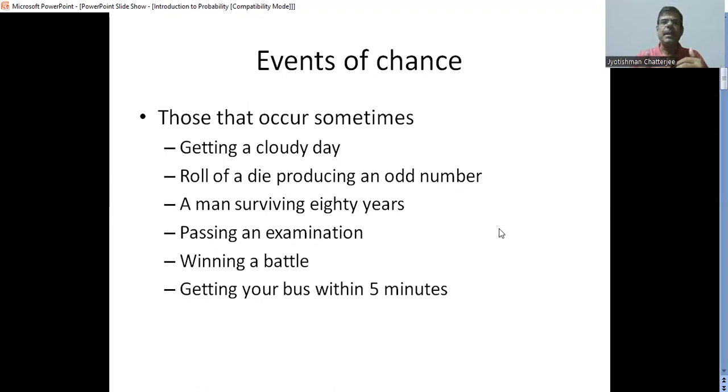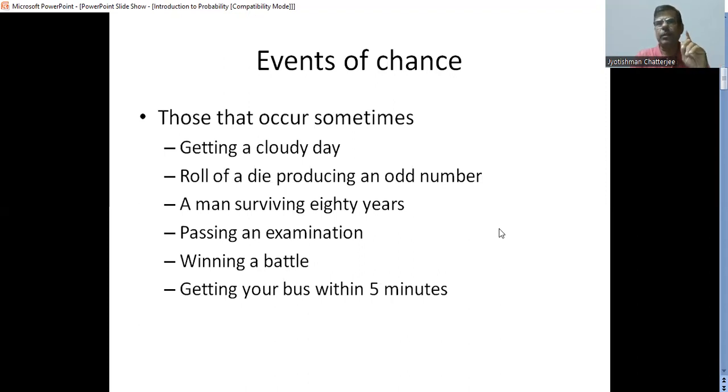Similar statements are a man surviving 80 years. That depends on which man we pick up. Some people do survive 80 years and more, and many don't. So again, it's neither universal truth nor an absurdity, but somewhere in between. So is passing an exam, because some people will pass and some people will fail.